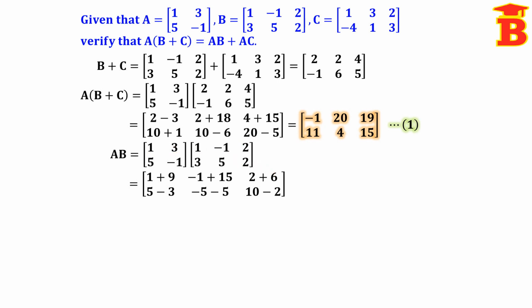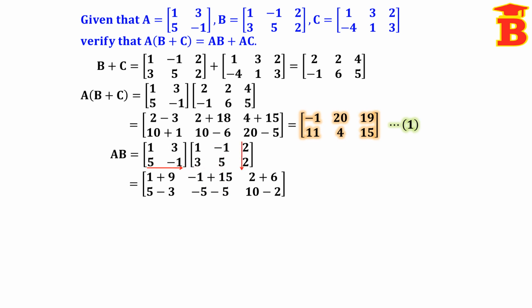This is the first row. Next take the second row. Second row first column, 5 into 1 is 5, minus 1 into 3 is minus 3. Next second row second column, 5 into minus 1 is minus 5, minus 1 into 5 is minus 5.